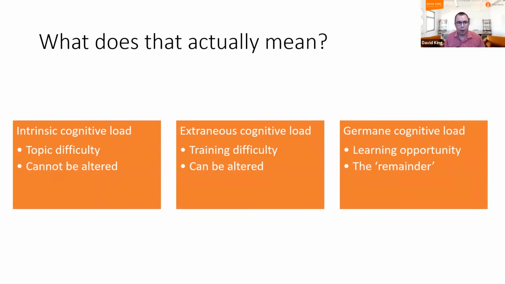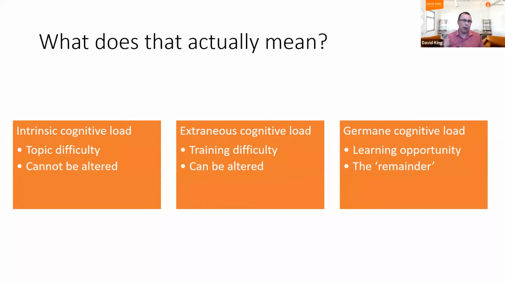So let's think about intrinsic cognitive load first. This is the inherent level of difficulty associated with the topic. We cannot alter that. Topics are as difficult as they are. What we could do, though, is break the topic up into pieces, and some of those pieces might be easier than other pieces.